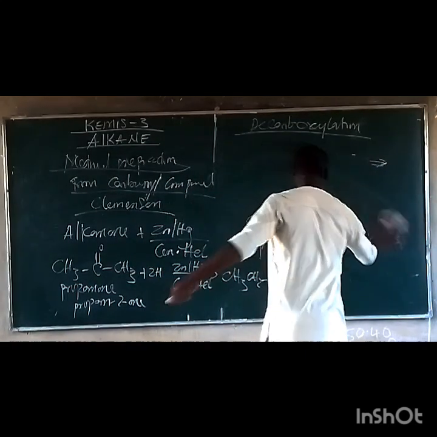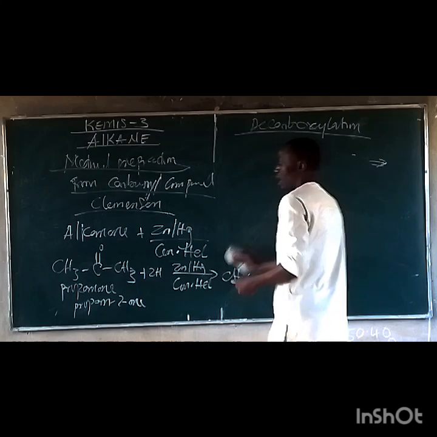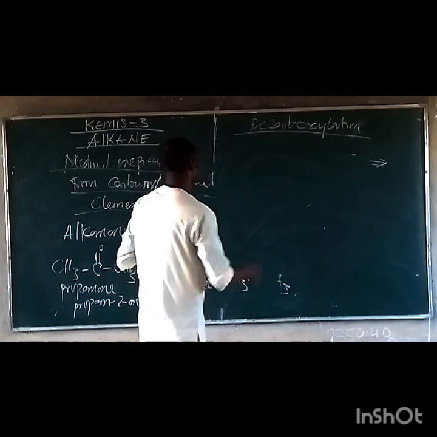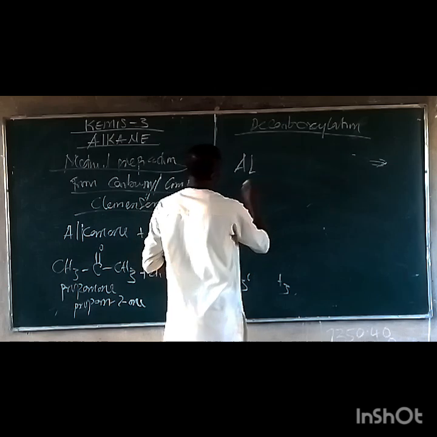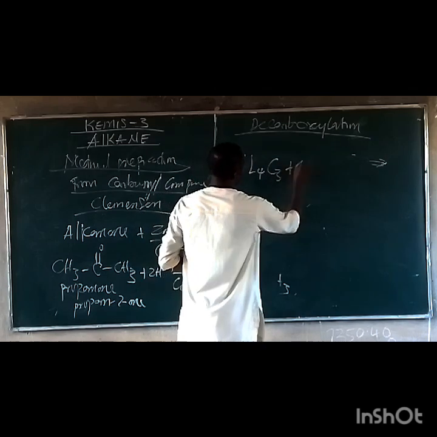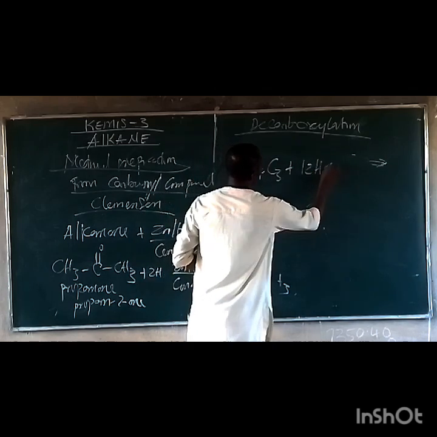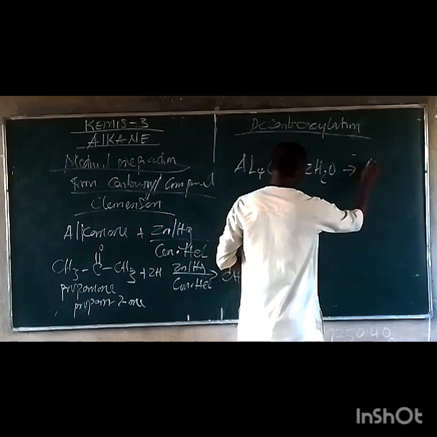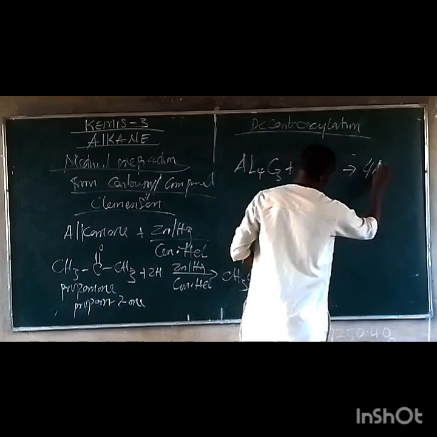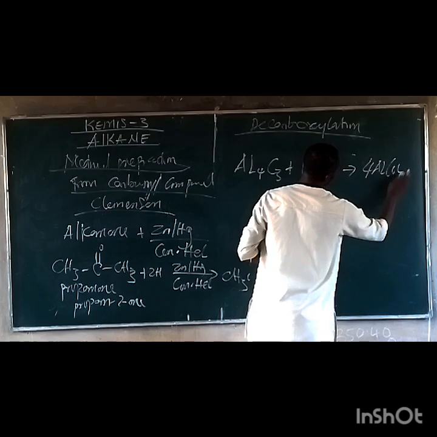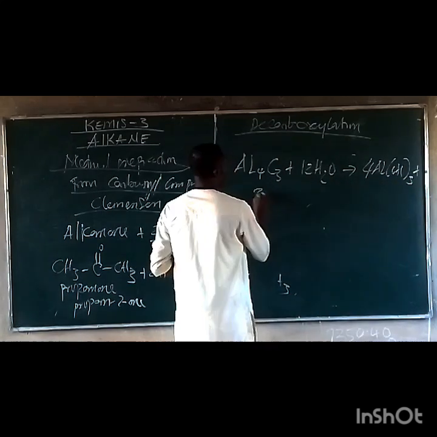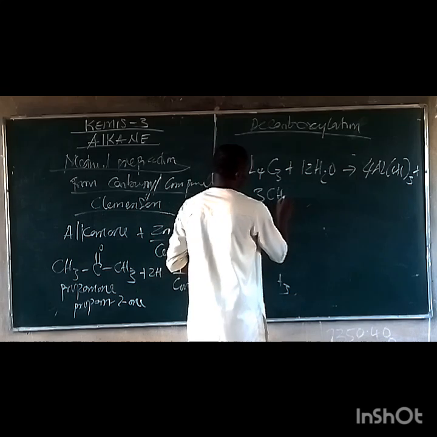Alright, let's do the last method of preparation, which is addition of water to aluminum carbide. So this is aluminum carbide now. Now let's add 12 molecules of H2O. So what we're going to have is 4 aluminum hydroxide plus 3CH4.